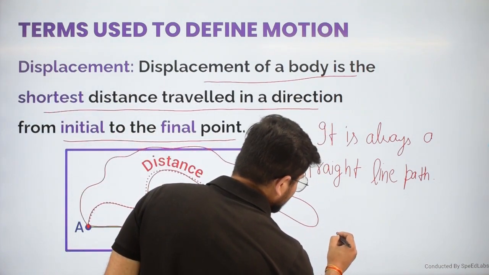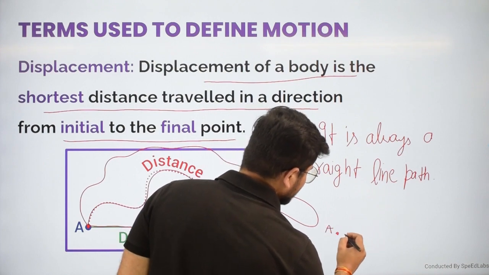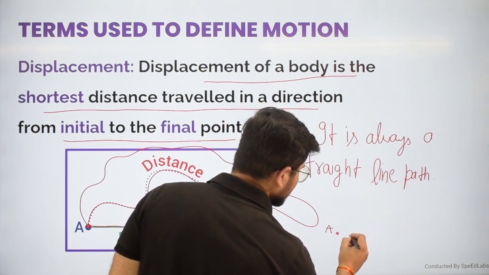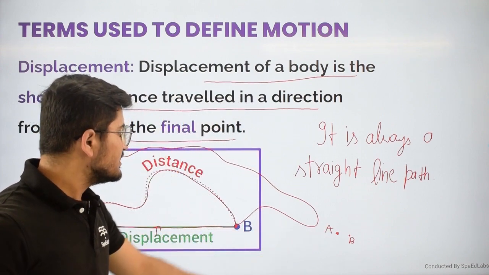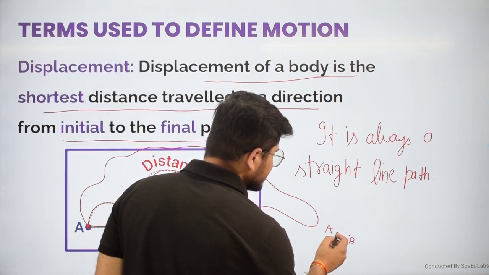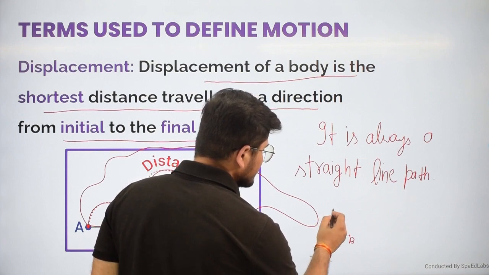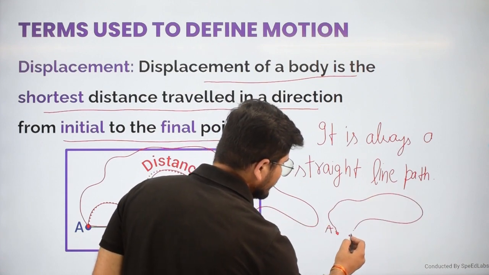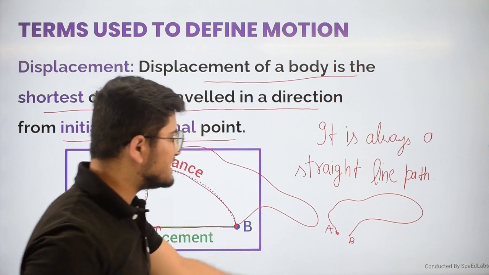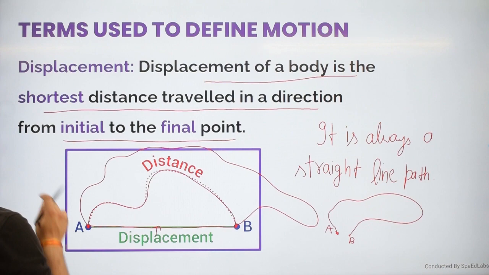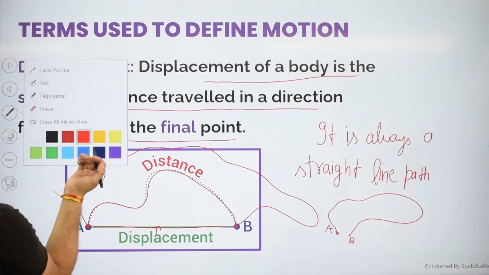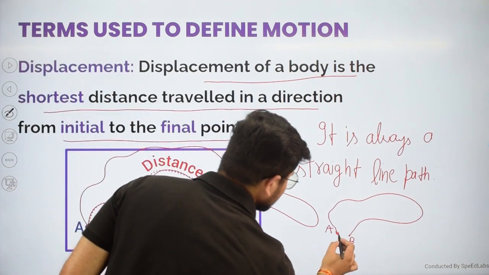One more example. Look carefully. This is the point A and this is the point B. Suppose they are very close right now. So a person started from here and goes like this and reaches point B. So what is the displacement here? This is the displacement. Let me highlight this with another color pen, the blue one.